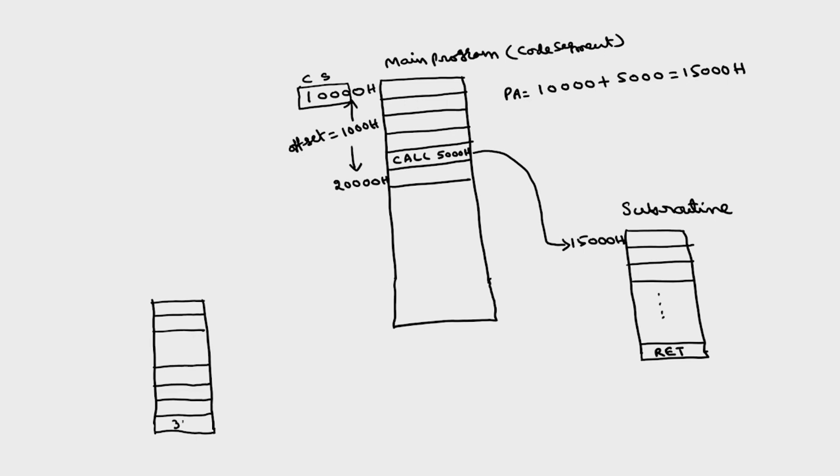Suppose up to this 3255, the data is full, then the stack pointer holds the address of the stack top. This is some A000 H, if the starting is say some 7000 H. The stack pointer holds the stack top till which the data is full. This is the next available location.